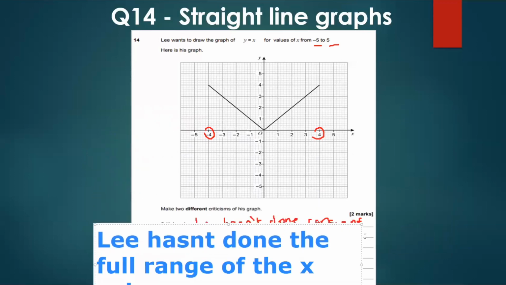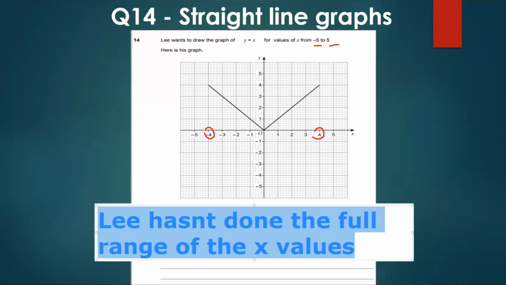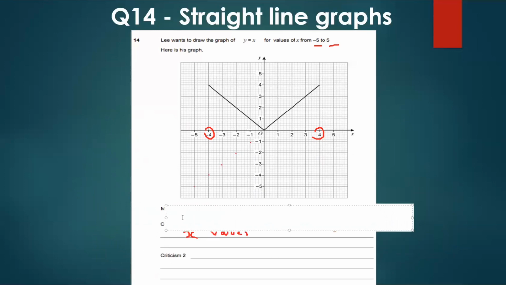For criticism number 2, guys, we can see that for the line y equals x, for each x coordinate, the y coordinate is going to be the same. So here, when x is -1, y should be -1 actually. So the graph should be coming down here. The coordinates are incorrect for when the values of x are less than 0.